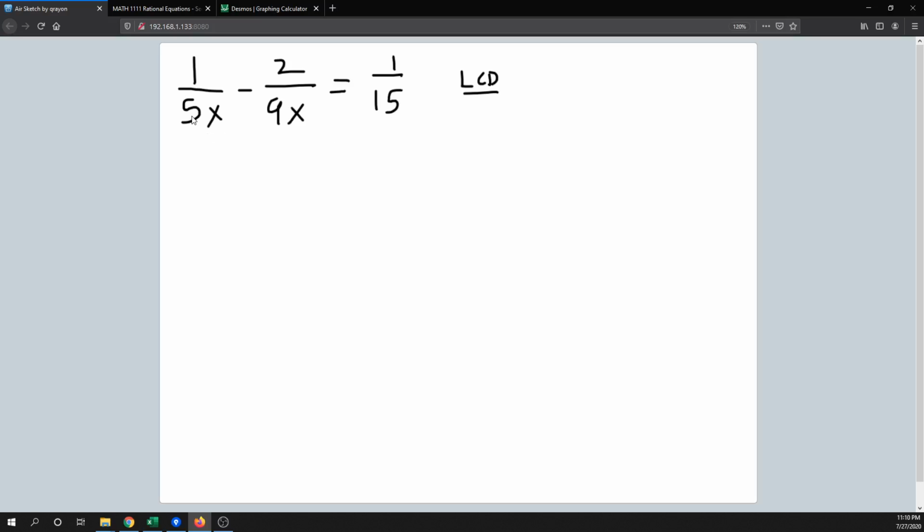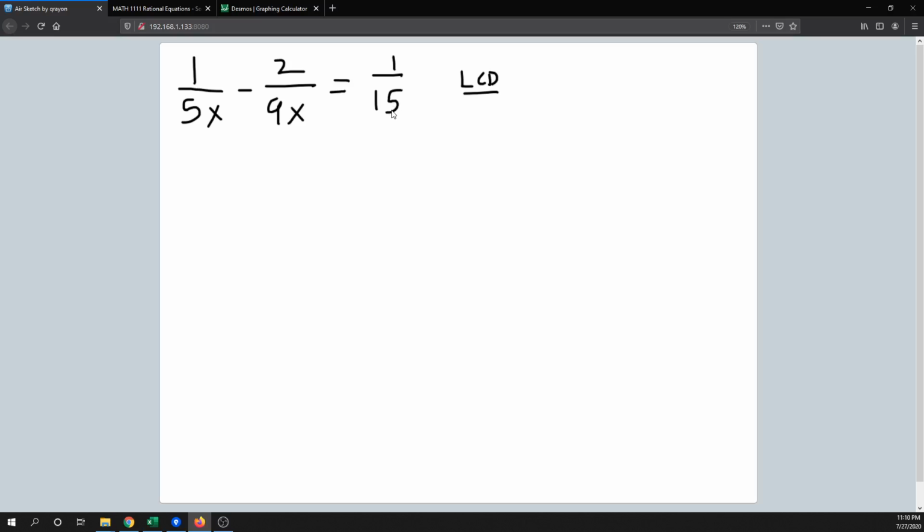First off, for the number part of the LCD, we have a 5, a 9, and a 15 in our denominators. Starting with the largest number, which is 15, we ask, does 9 go into 15? And the answer is no. 5 does, but all of these numbers need to go into the LCD. So 15 is not the LCD.